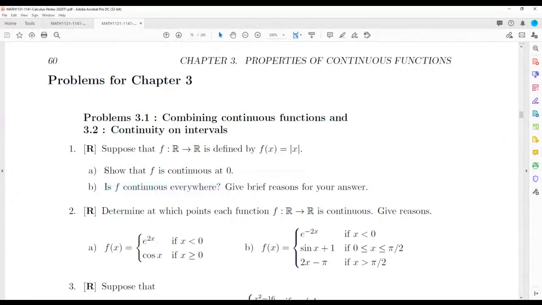So the first part is asking you to show that f is continuous at a point. And the second part is asking you, is it continuous for all the points in its domain? Is it continuous on the whole real line? And do some justification. Okay, so let's have a look at that.